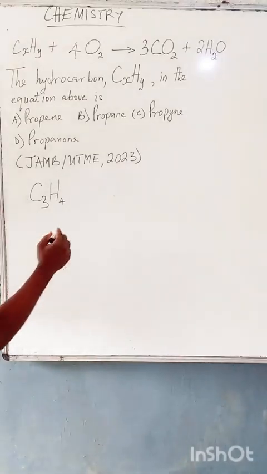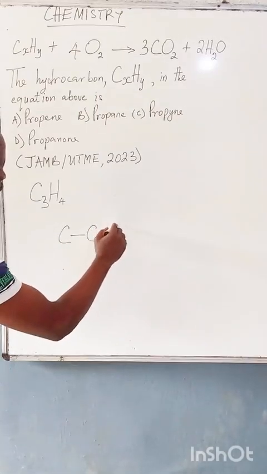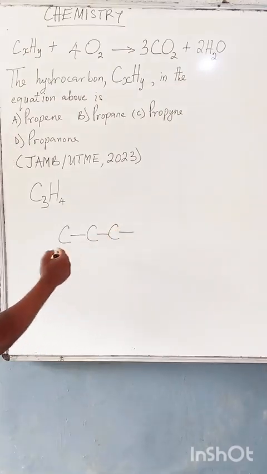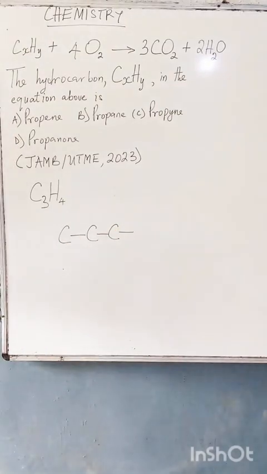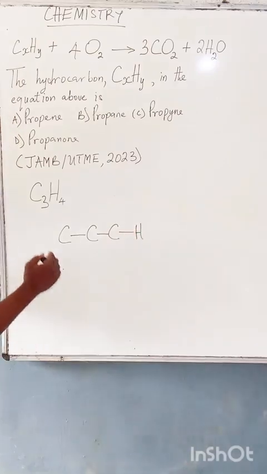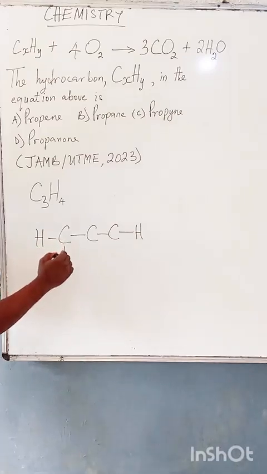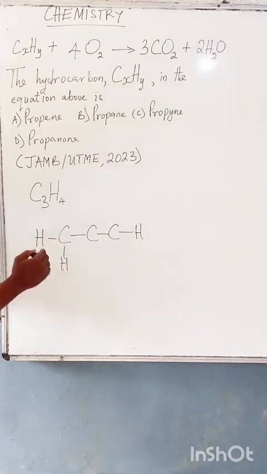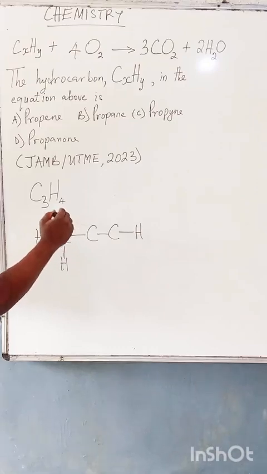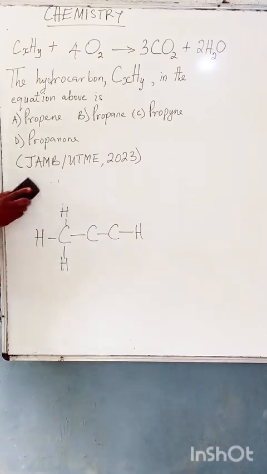C3 means 3 atoms of carbon, so we have C, single bond, C, single bond, C. The next thing is 4 atoms of hydrogen. Hydrogen is here, hydrogen here, that's 2, hydrogen here, that's 3, and another hydrogen here, that's 4. H4. So we stop at that.